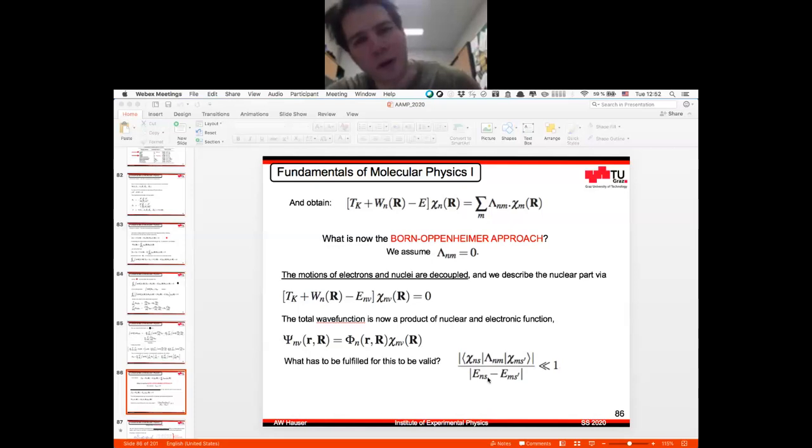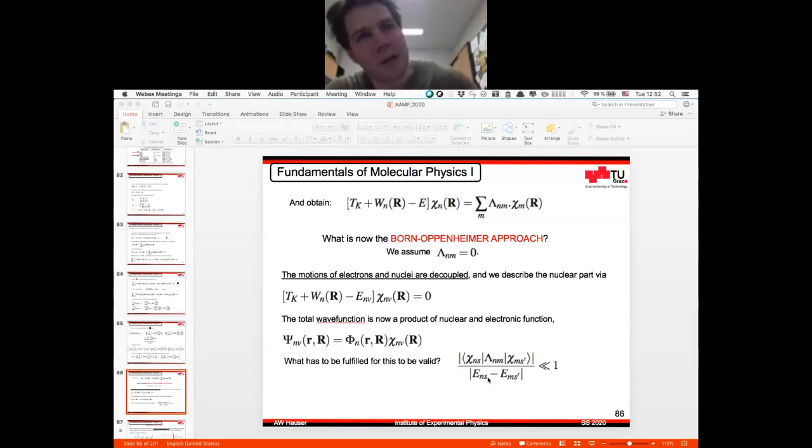Now you have for sure already heard about the Born-Oppenheimer approach, and you have read you can perform the Born-Oppenheimer approach in this case of the molecule because the electron mass is so much smaller in comparison to the nuclear mass, and therefore the rearrangement of the electron density is almost instantaneous in comparison to a change of nuclear geometry.